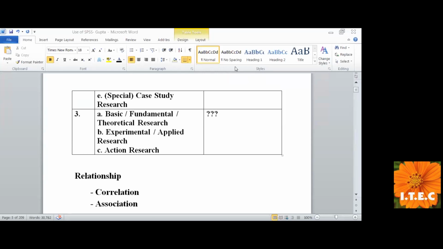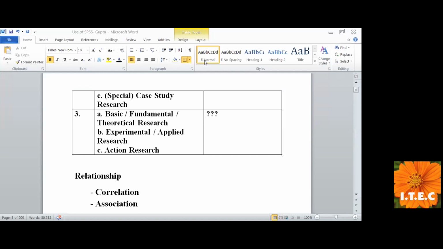Suppose the JNU, Jawaharlal Nehru University students have gone on strike, and the vice chancellor and registrar and other people talk to the students and the strike is over. Now Delhi University people have gone on strike. So can the solution which was used in Jawaharlal Nehru University be used in Delhi University to solve the problem?